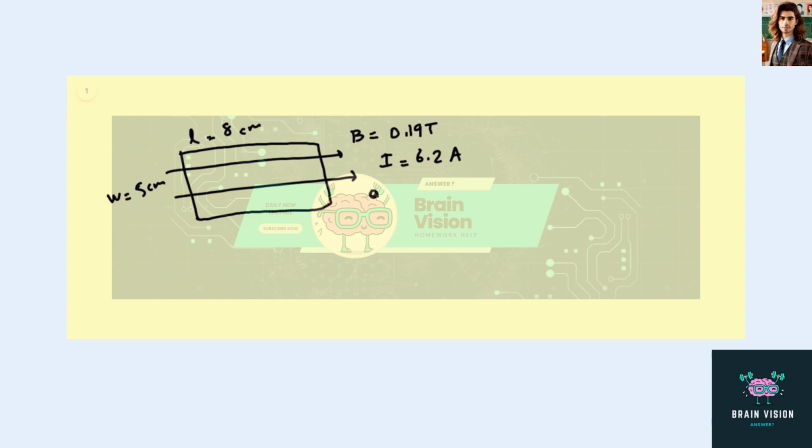Now, in part A, we are asked to calculate the torque generated by this external B field. As you know, our equation is going to be the magnitude of current times the magnitude of the magnetic field times the area of the closed loop times sine of the angle between the normal vector of the area and the magnetic field.